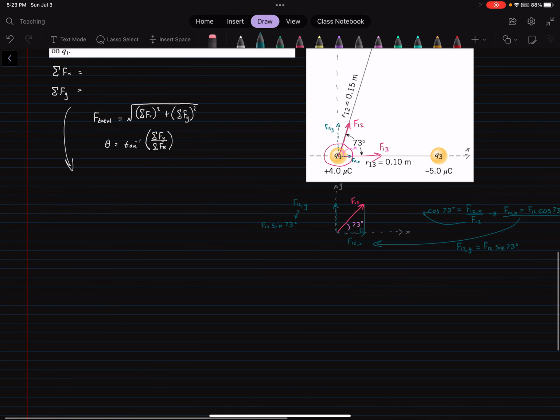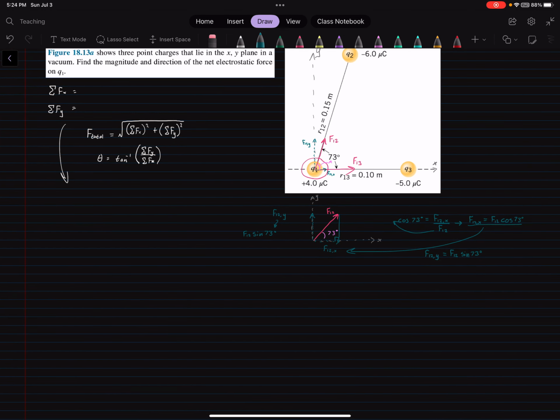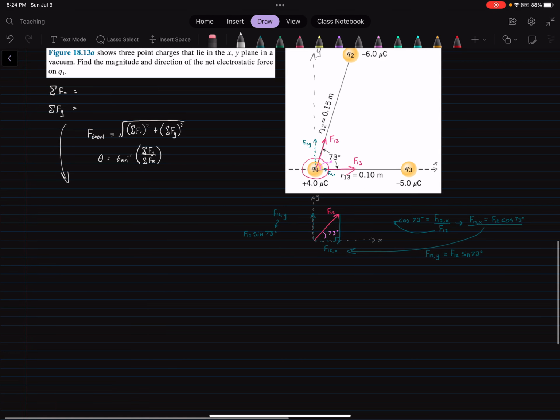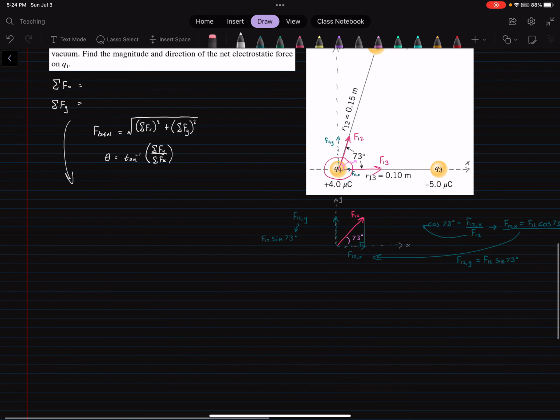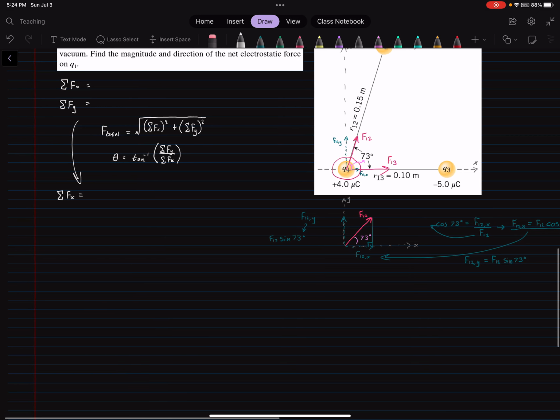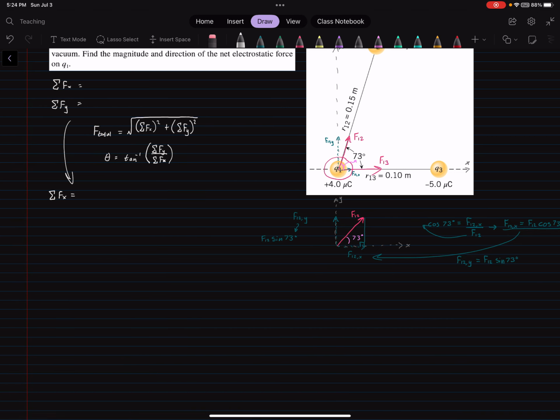So now we have our component vectors. So now we're going to return to our sums of forces. So we have the sum of the forces in the x. What contributions do we have, just in symbolic form? We have F13, right?